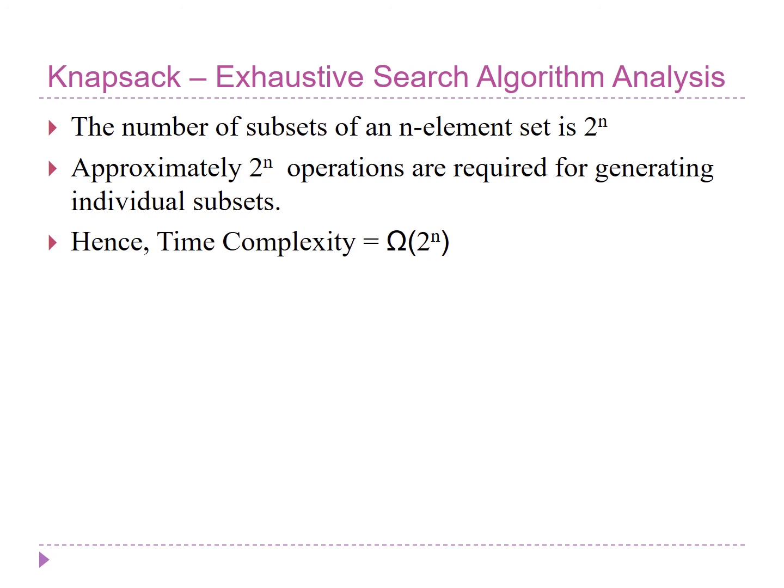Hence, approximately 2 power n operations are required for generating all the subsets for solving the knapsack problem using the exhaustive search approach. Hence, the time complexity of solving knapsack using the exhaustive search approach is big omega of 2 power n.